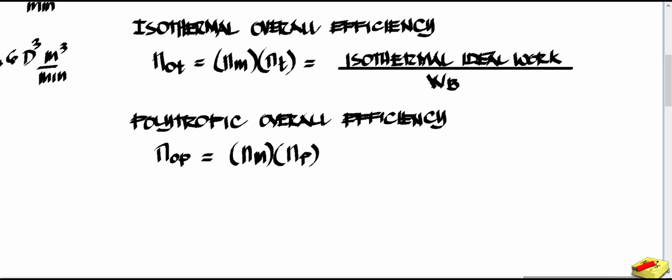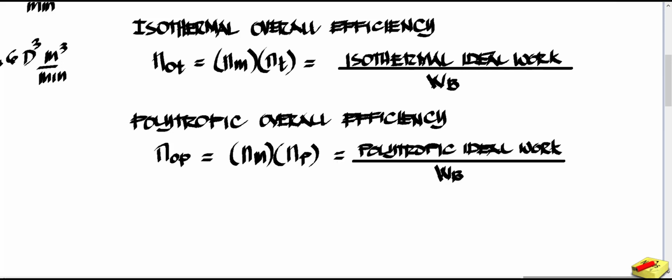Now for the volumetric overall efficiency, it is equal to the mechanical efficiency of the compressor multiplied by the volumetric compression efficiency, and it can also be expressed as the polytropic ideal work divided by the brake work.